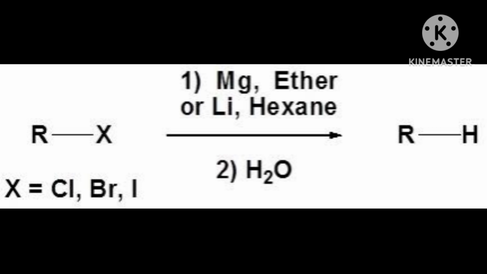Maybe other possibilities also exist. That's why major products and minor products form. Major product means it is easy to form, it is easy to react.